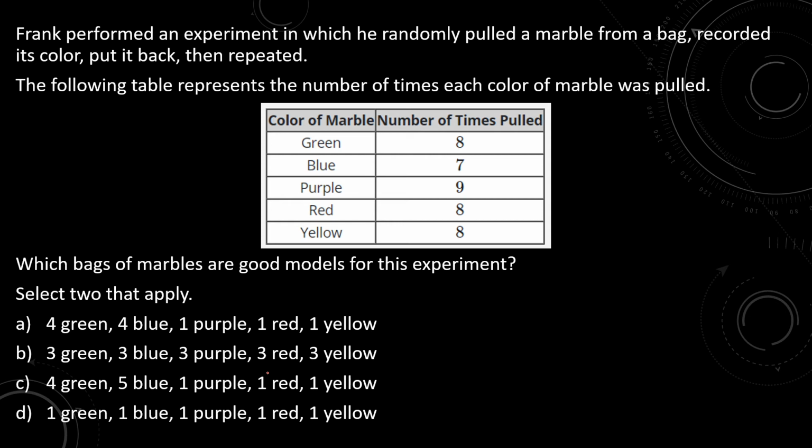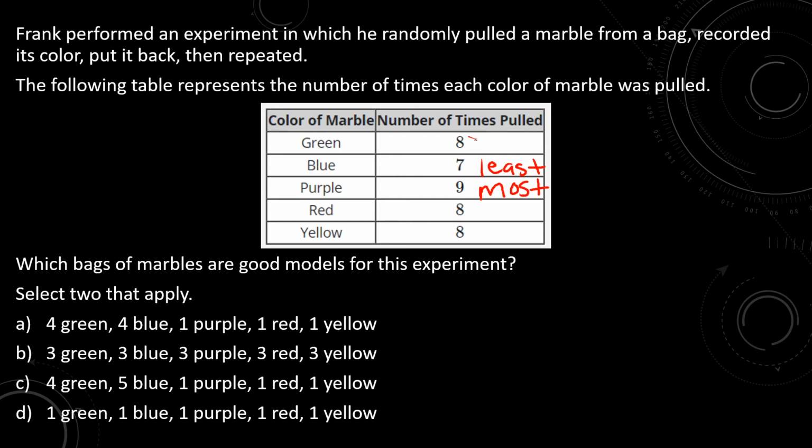Okay, so when I am looking at my numbers from the table, I see that purple has the most and blue has the least. Right? And then green, red, and yellow, these are all the same. So when I'm looking at my bags of marbles here, I want to pick a bag where purple has the most and then blue has the smallest amount, or somewhere close to it.